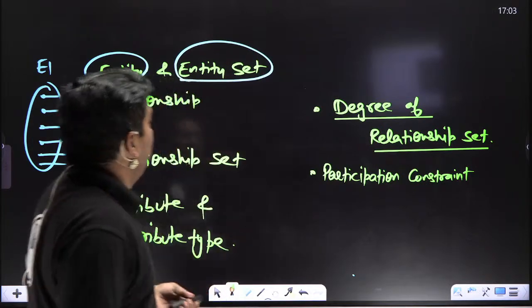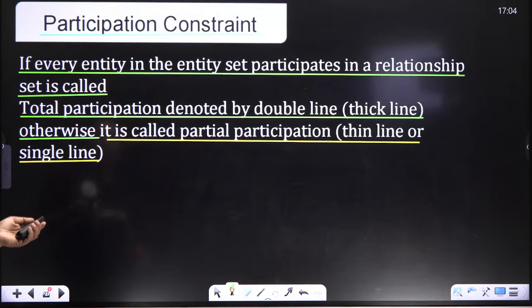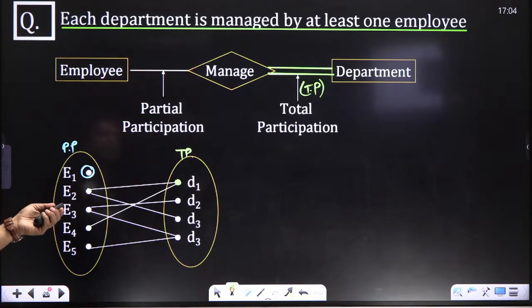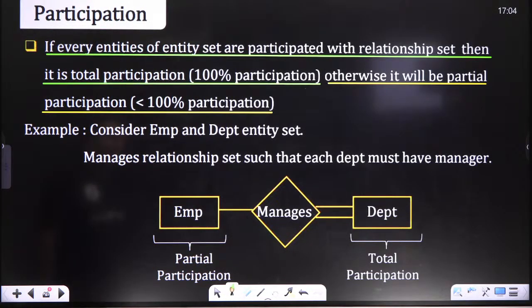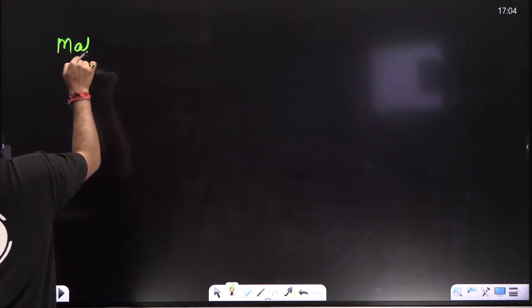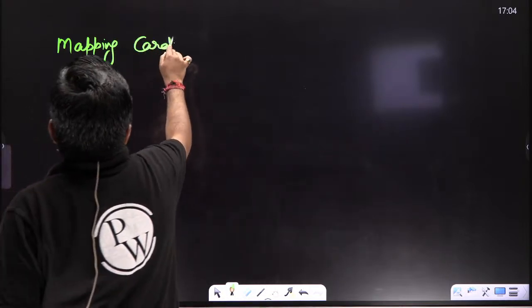Same thing I told. If every entity of the entity set is participating, then it is total, otherwise it is partial. After that, I am discussing mapping cardinality constraint.